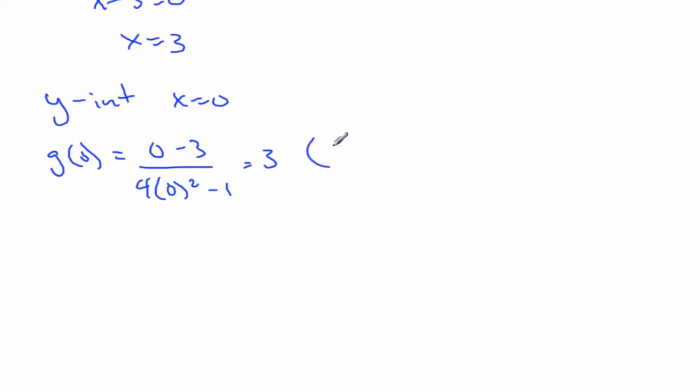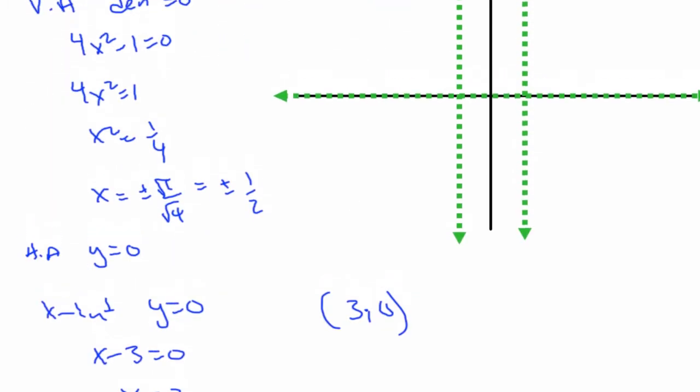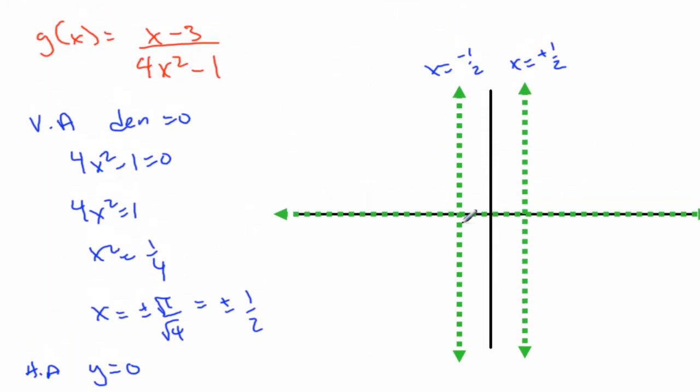And so my point is 0, 3. So I can put on my sketch now my two intercepts. I know I have 3, 0 here, and the other one is 0, 3 up here. Okay, this doesn't seem to help us out very much in where to find the function.